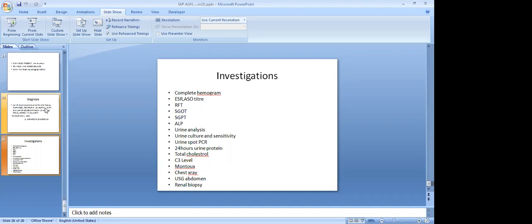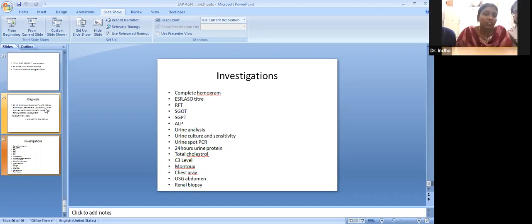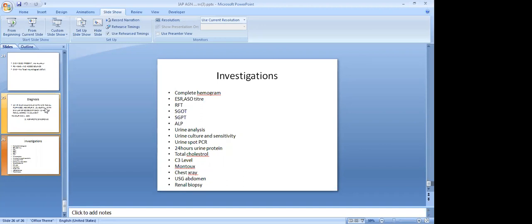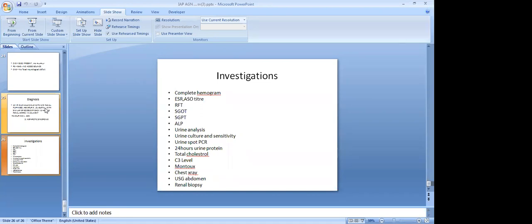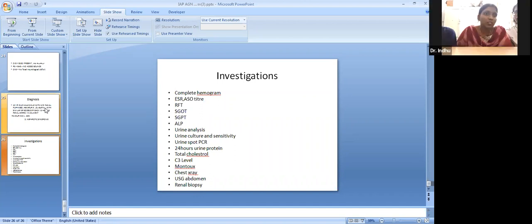Okay. What next do you want to do? Renal function test. What do you want to see in renal function? Urea, creatinine. Okay. What do you anticipate? Then serum electrolytes. What derangement do you anticipate in this patient? Urea creatinine.